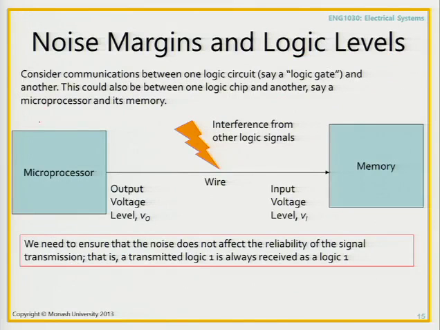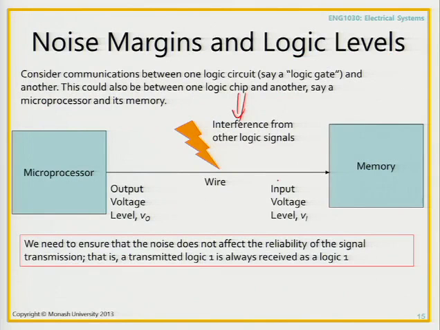Even for a very simple case where on your computer you've got the CPU, and that CPU is located only centimeters away from the RAM, or the memory, even for that short distance, because of the speed that these technologies operate at and the electromagnetic environment around it, you can get interference coming into the wires that connect those two computer chips.